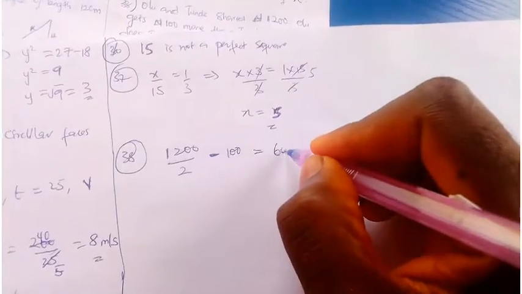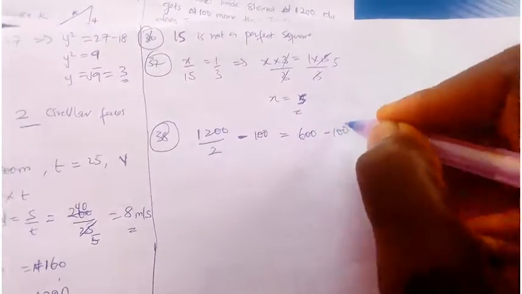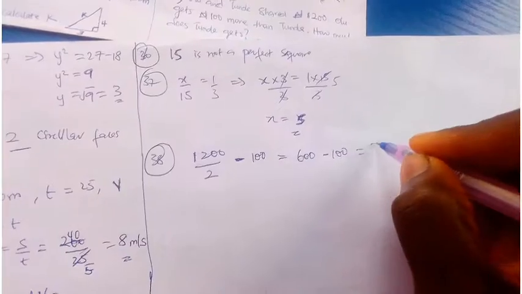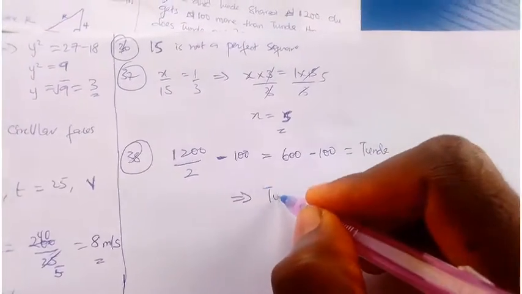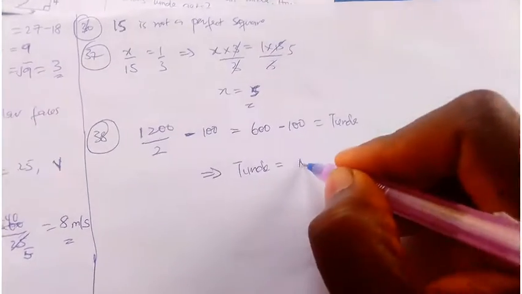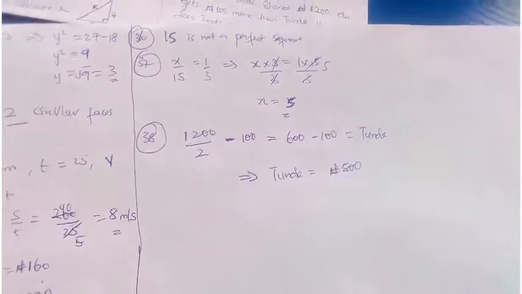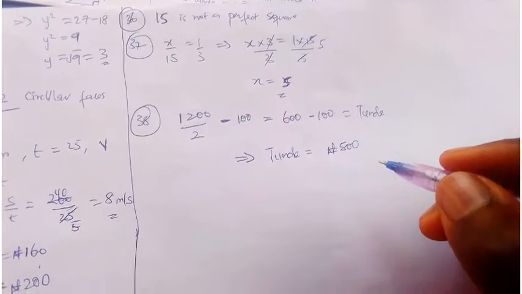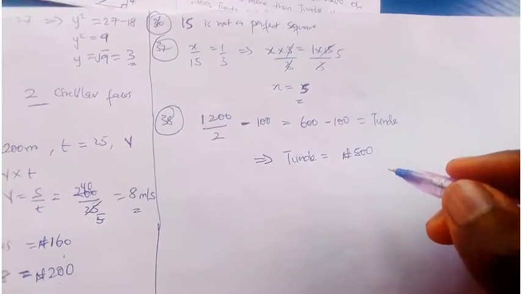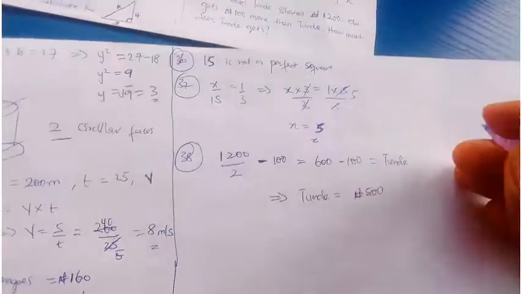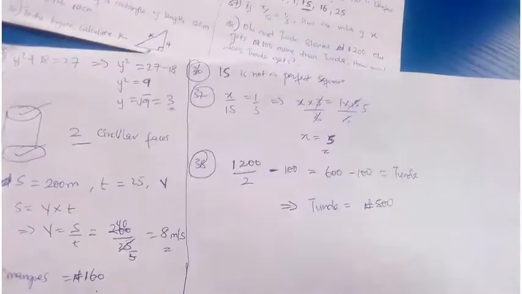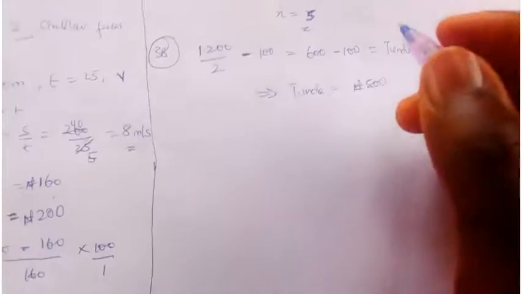This is 600 minus 100 for Tunde. So it implies that Tunde gets 500 naira. They get 500 naira. That's the answer for that.